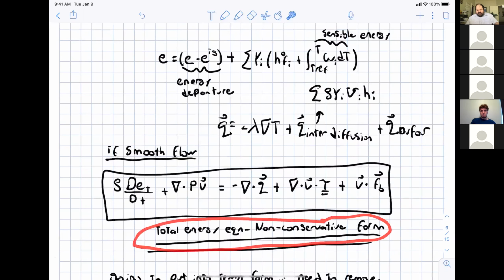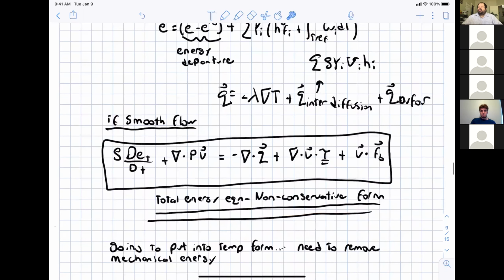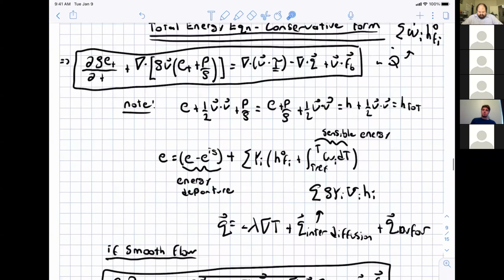Now, the energy equation is an equation that you see written in about a bazillion different forms. If you work with compressible flows, like my group does, or Dr. Stewart's group does, or Bala's group does, we tend to work with it in this form right here.